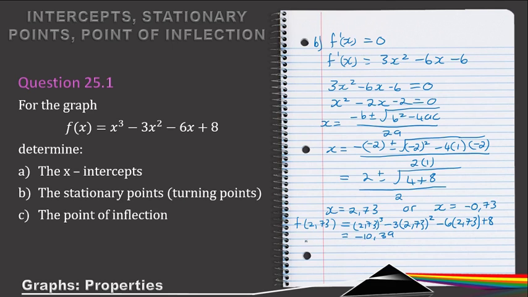Right, and then for the other coordinates, if I substitute in negative 0.73, so we say negative 0.73 cubed, minus 3 times negative 0.73 squared, minus 6 times negative 0.73, plus 8.